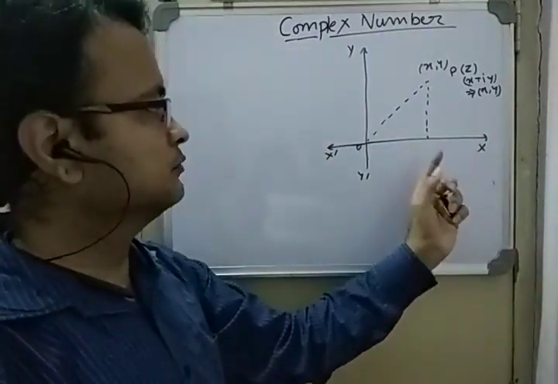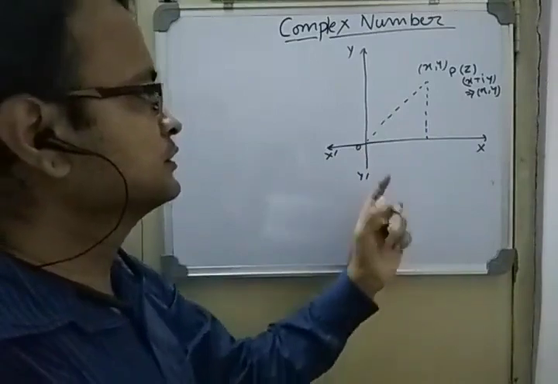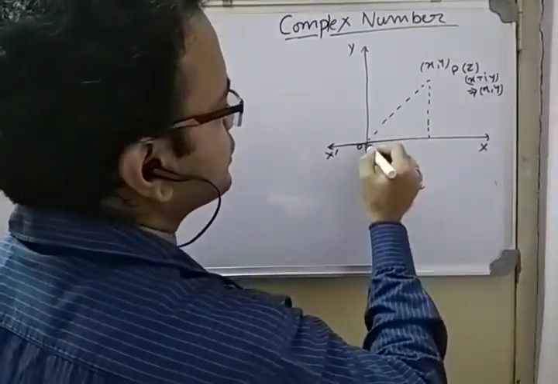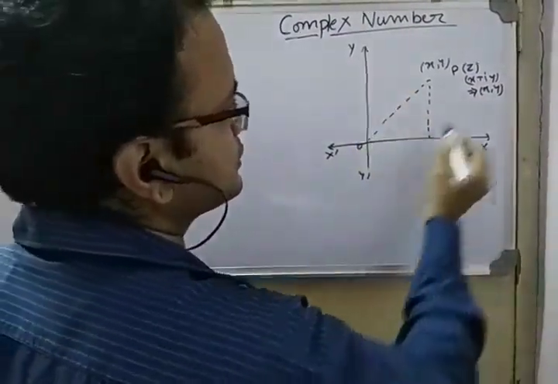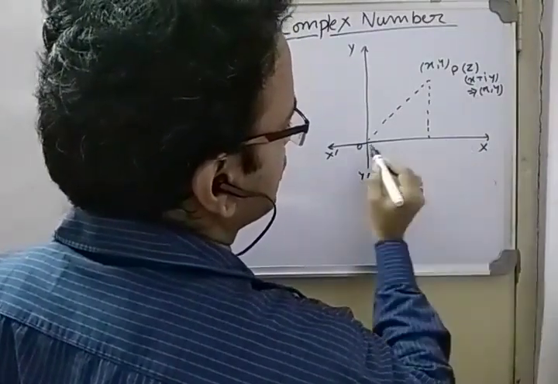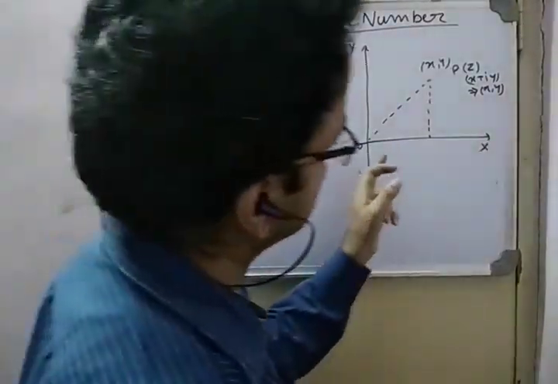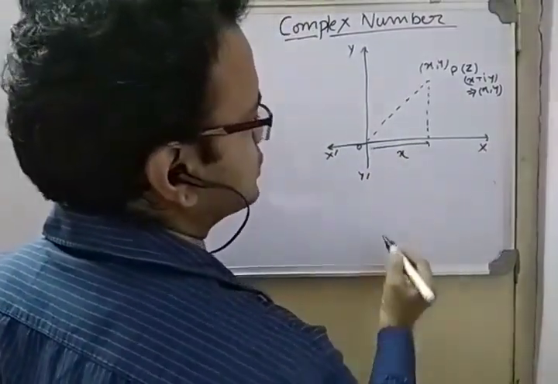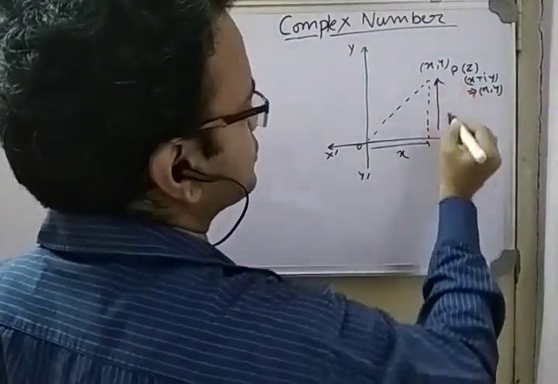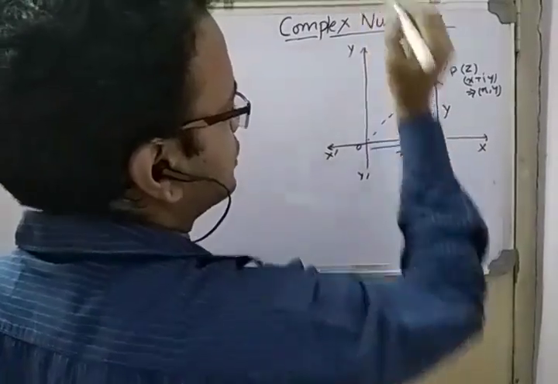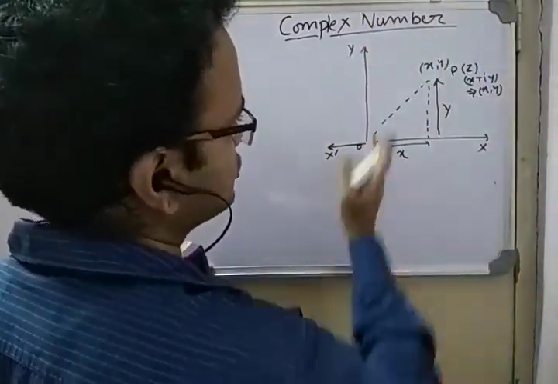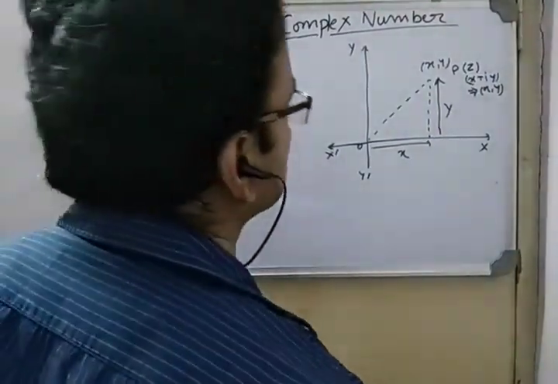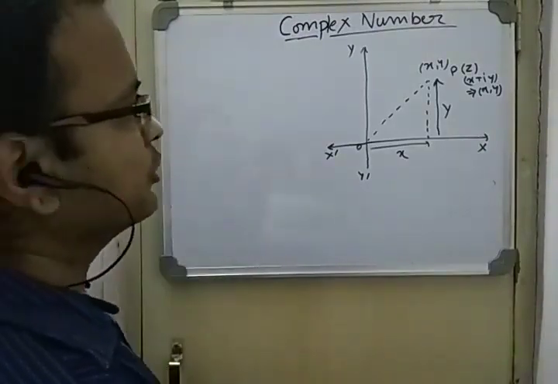But in complex numbers, this is called the real axis and this is the imaginary axis, because the complex part, iy, is always calculated along the y axis, and x is the real part, plotted along this axis. So for x plus iy, I go x to the right along the real axis, then y upwards, parallel to the y axis. This is how we represent a point.